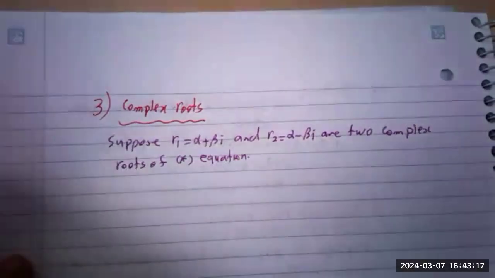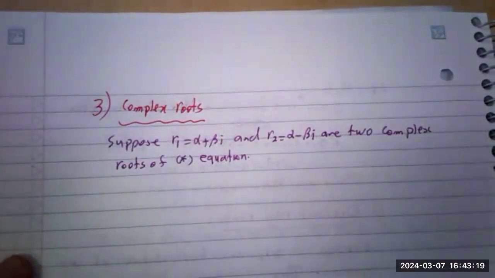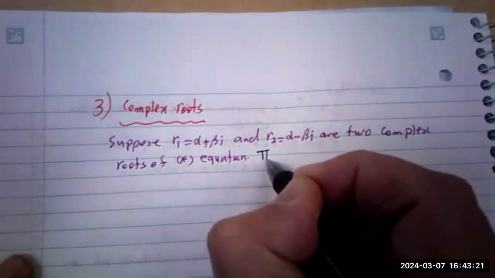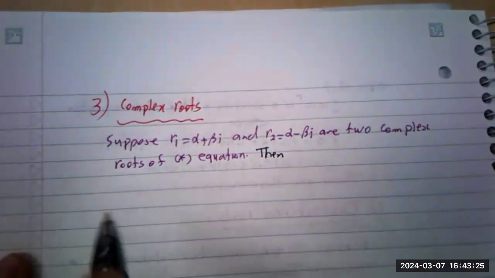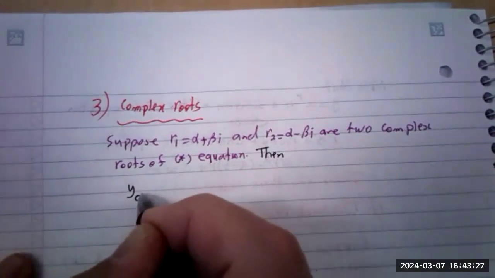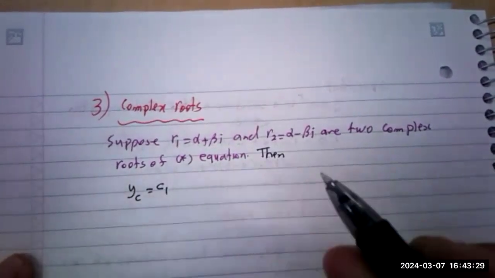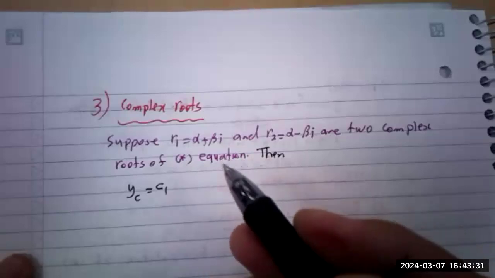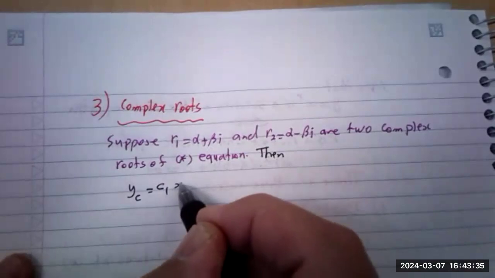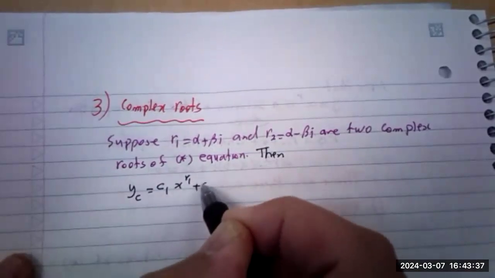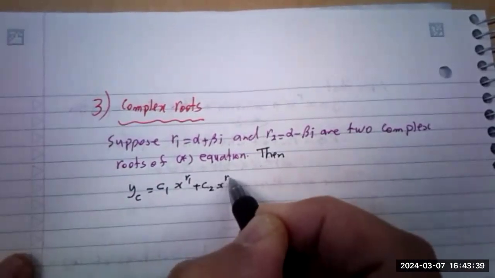So what is going to be the general solution? As two different solutions, the general solution is going to be what? I write it down, then I simplify it for you. So what is going to be yc this time? yc would be again c1 times x to the r1 plus c2 times x to the r2.